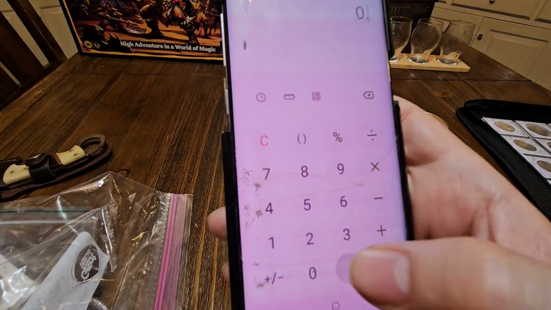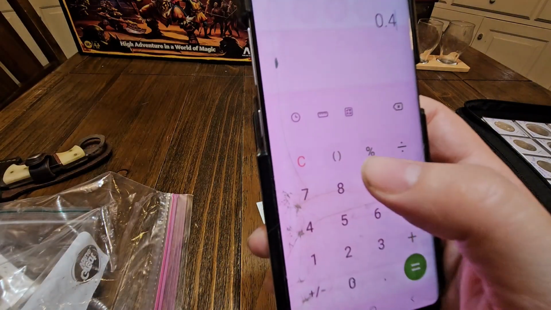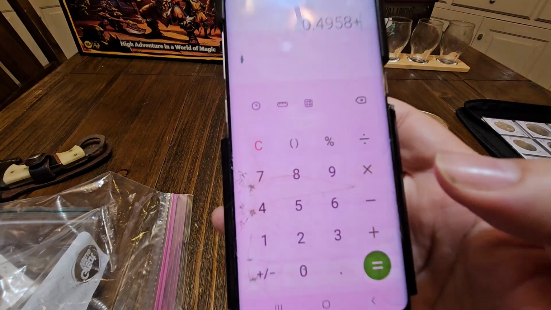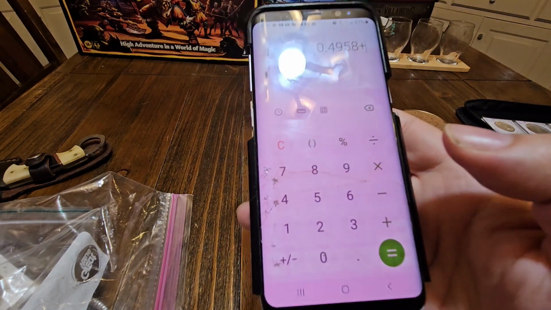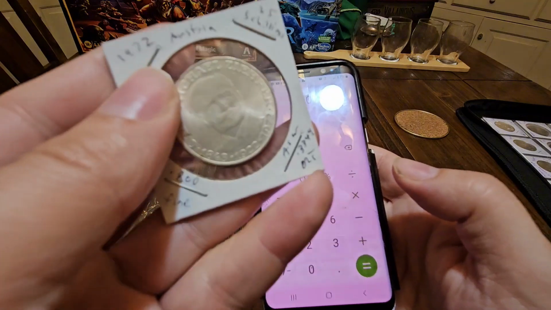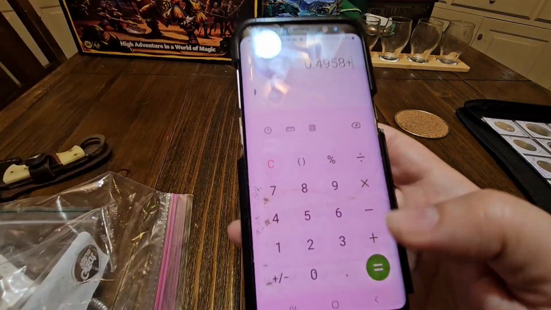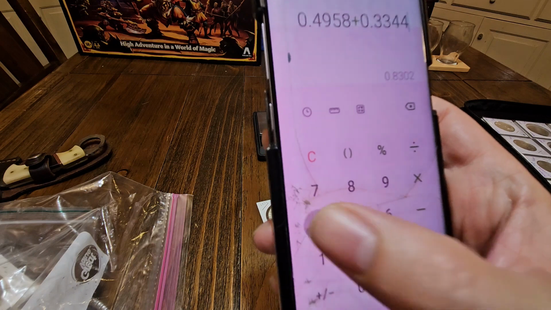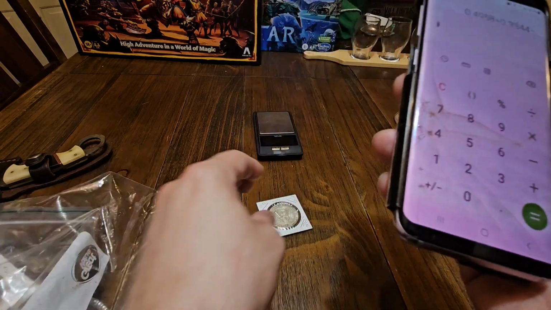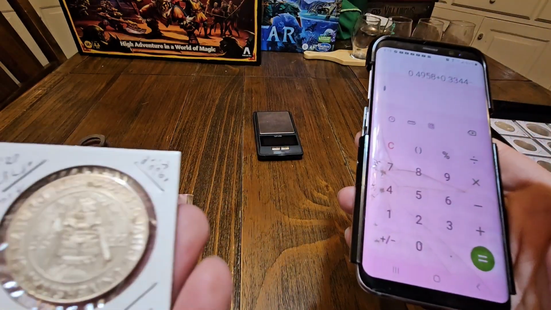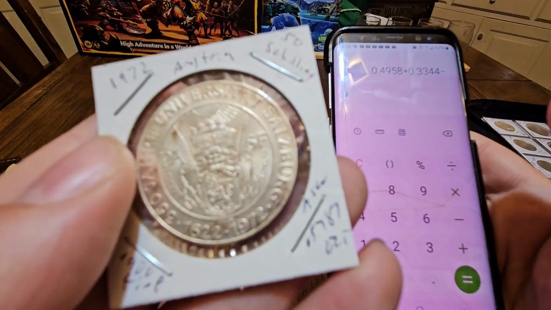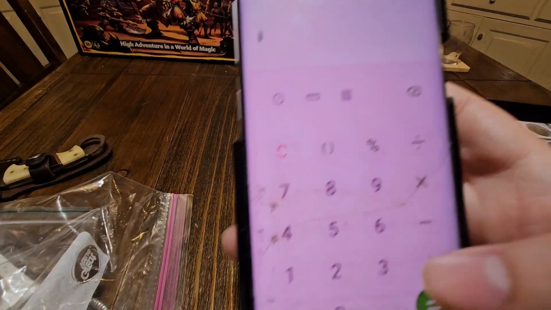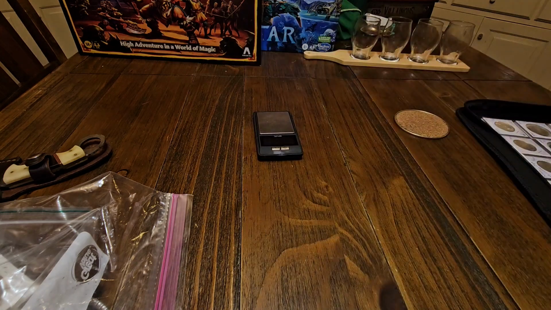0.4958 plus 0.3344 plus 0.5787. I put minus, huh?